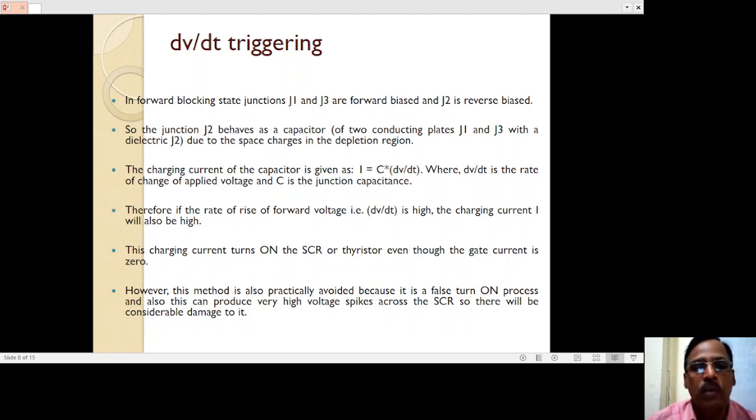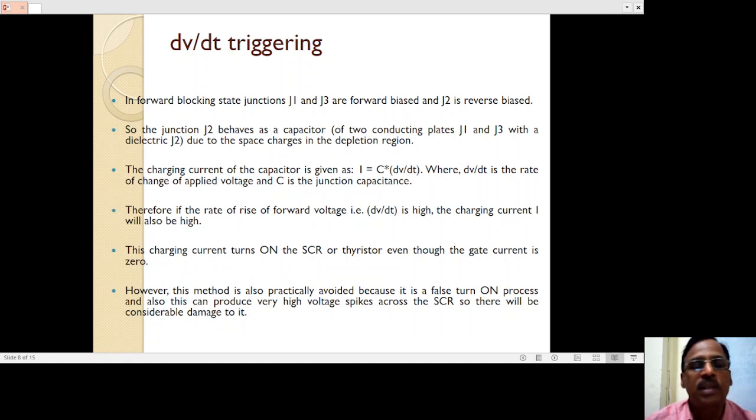So junction J2 behaves as a capacitor between two conducting plates: J1 and J3 act as conducting plates, and J2 acts as a dielectric. Obviously, it will act as a capacitor.